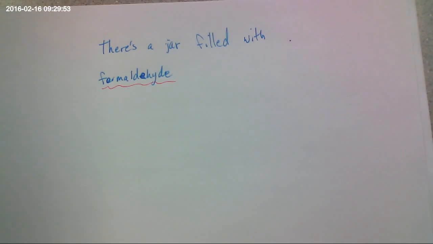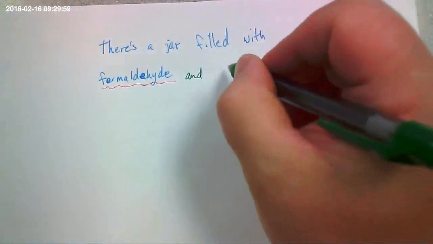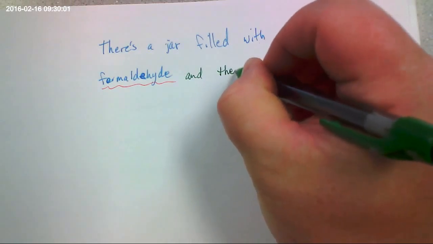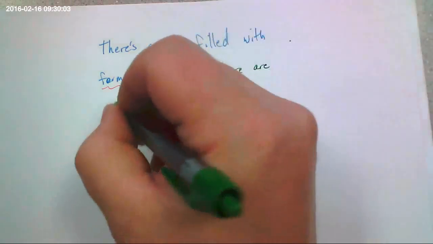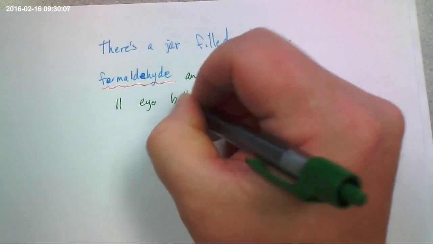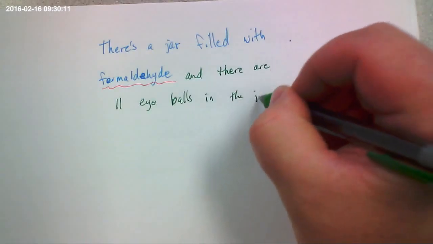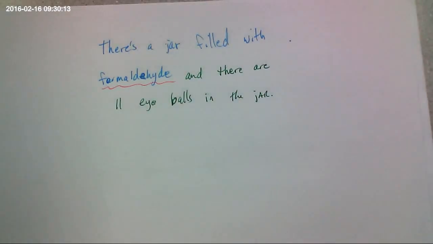Formaldehyde is what they preserve things in for dissecting or for scientific research. So anyway, there's a jar filled with formaldehyde, and there are 11 eyeballs in the jar. That is a horrible sentence. Where did the eyeballs come from?